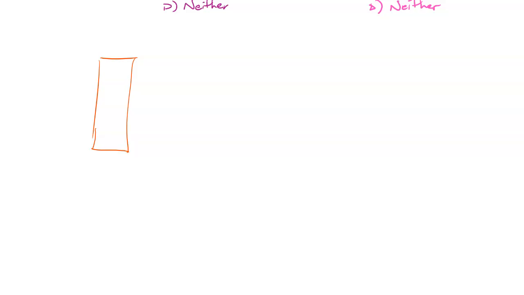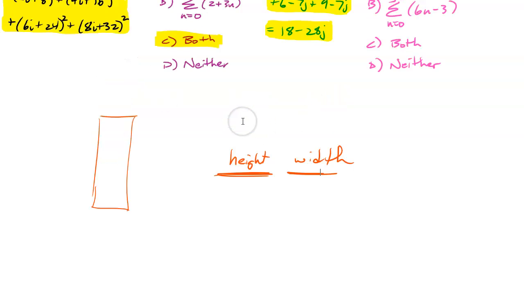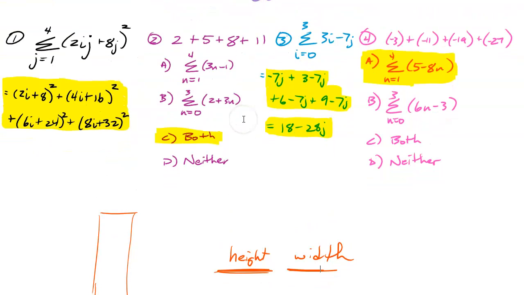And so the one number in the rectangle is the height, and the one number is the width. I'm trying to think of the best way to describe this. Like the problems that we're doing today, we were just adding up numbers, right?